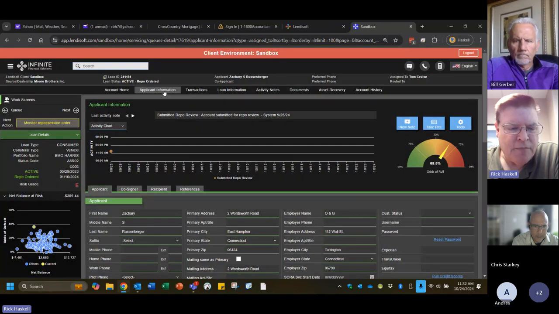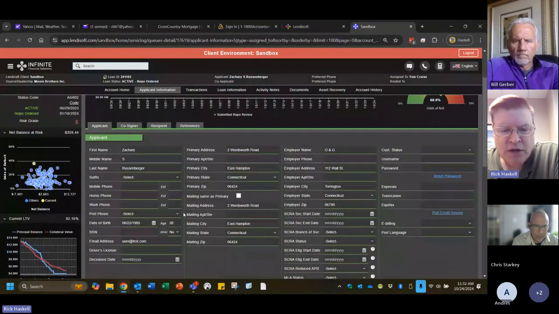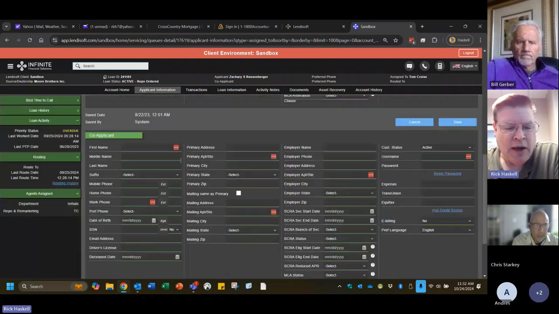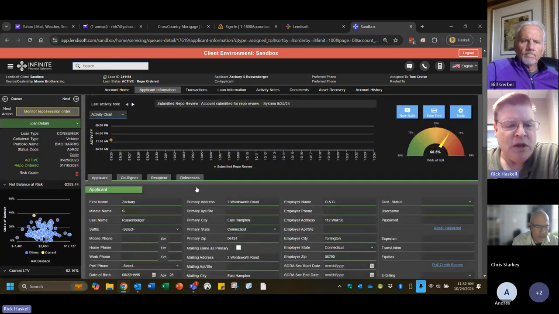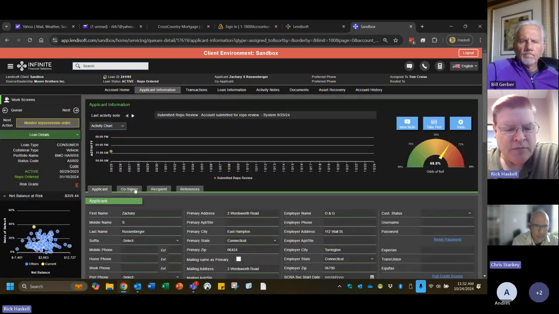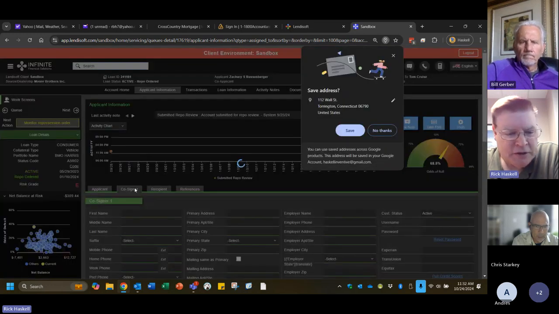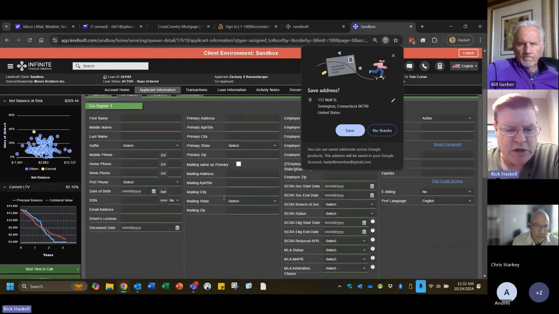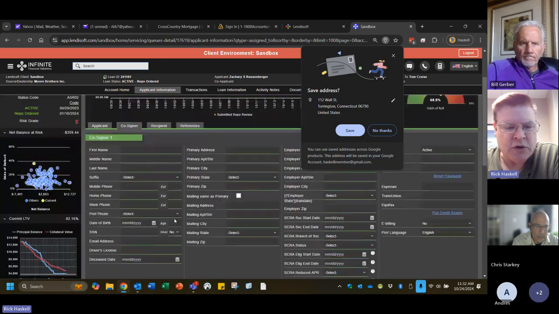Okay. Applicant information is all the data entry for the name and the address and things like that. And then the co-applicant is underneath. We have other screens, co-signer. If you have a co-signer on a loan that's separate from the applicant and co-applicant, we have screens for co-signer and co-signer 2.